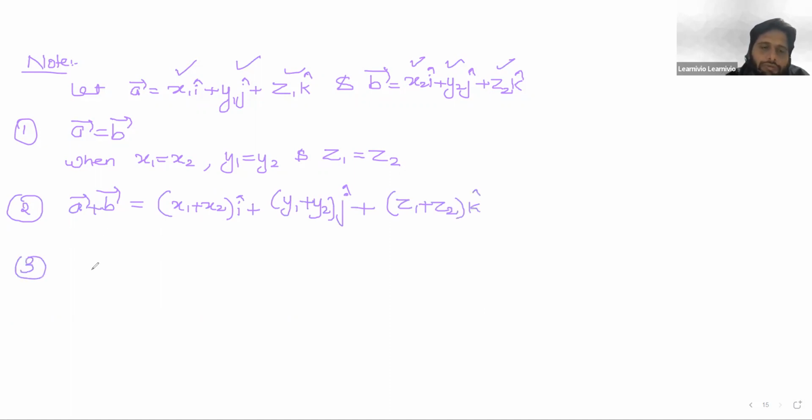Third, subtraction: (x1 minus x2) i cap plus (y1 minus y2) j cap plus (z1 minus z2) k cap.